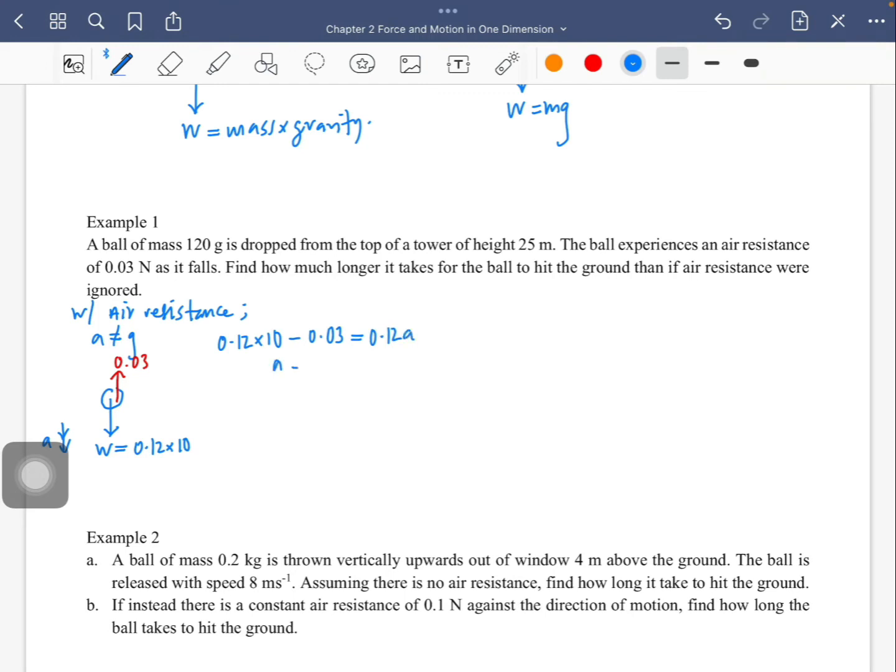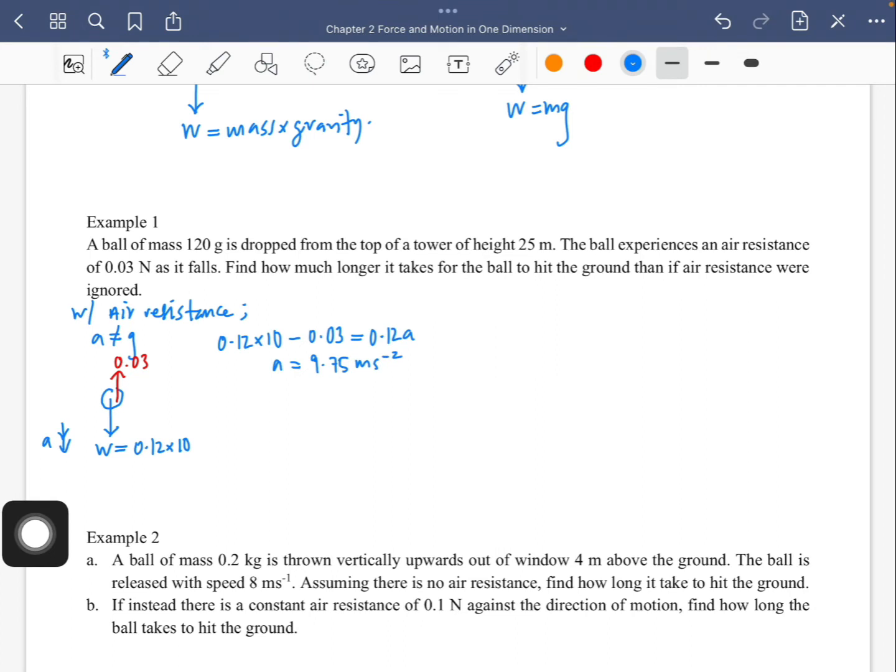Solving for the acceleration, we get a equal to 9.75 meter per second squared. As you can see, since air resistance acts opposite to the motion, the acceleration is not equal to 10 anymore; it is 9.75 meter per second squared.